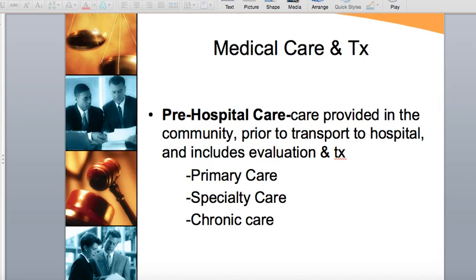They usually occur in lieu of a transport to a hospital, or it can occur prior to needing to be transported to a hospital. Again, the primary focus on these services is to evaluate and provide treatment. Sometimes that treatment is enough to stabilize and maintain a patient, or sometimes it's decided at the evaluation point that a higher level of care is needed, and then that person can be transferred via ambulance to a hospital.